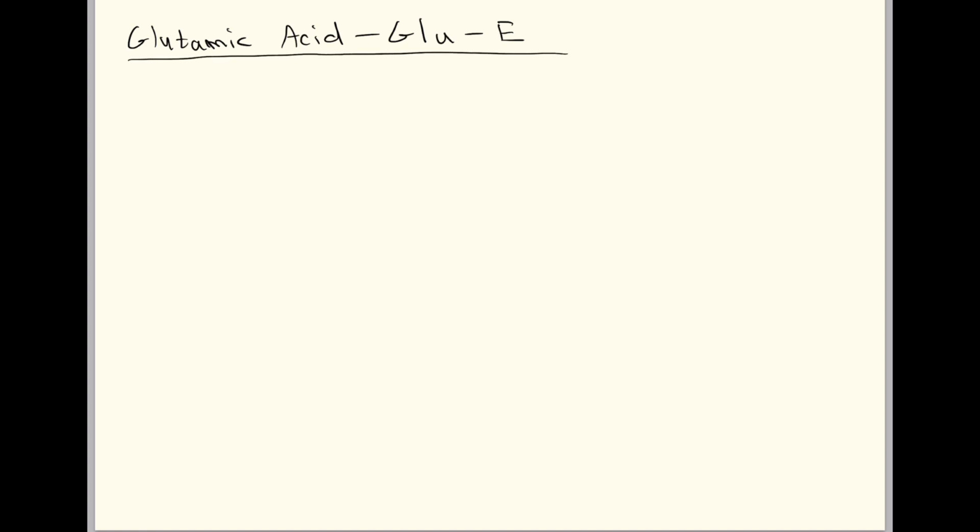GLU, the 3-letter code, and E is the 1-letter code. Now this one is pretty unique in my opinion, but here we go. Remember this word, glue. Glue, what you use to glue together wood, you glue together whatever you want to stick onto something, glue, right?